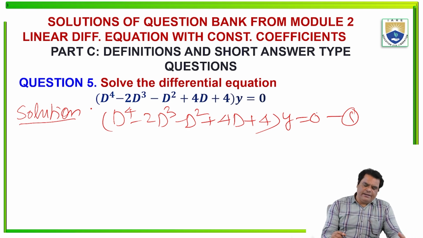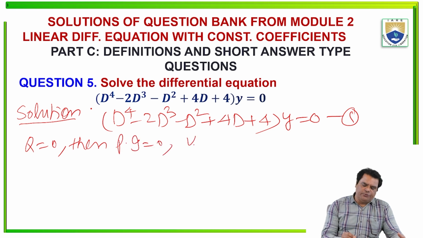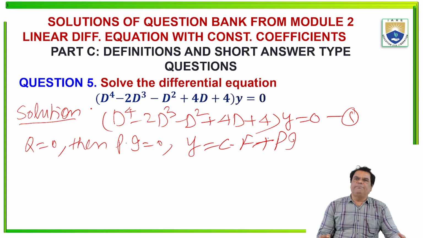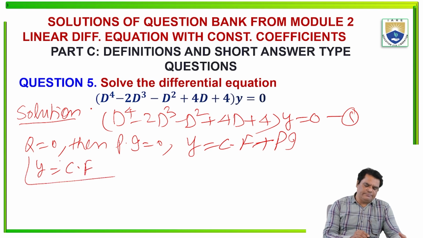But we see here the right hand side Q is 0. Q is 0, then PI is 0. So y is equal to CF plus PI. But PI is 0, so y is equal to only CF. This is the answer. Okay.